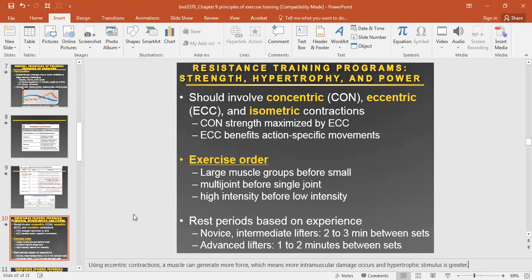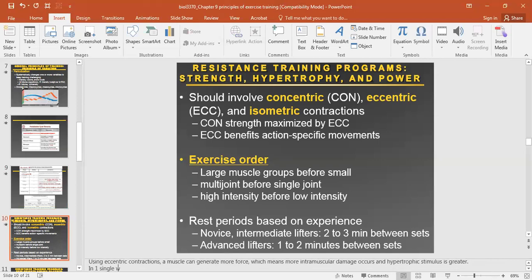The exercise order is also really important. So in any single workout, exercise order should look like this. You should always start with larger muscle groups. So think quads, hamstrings, lower body, or chest, back muscles, upper body.